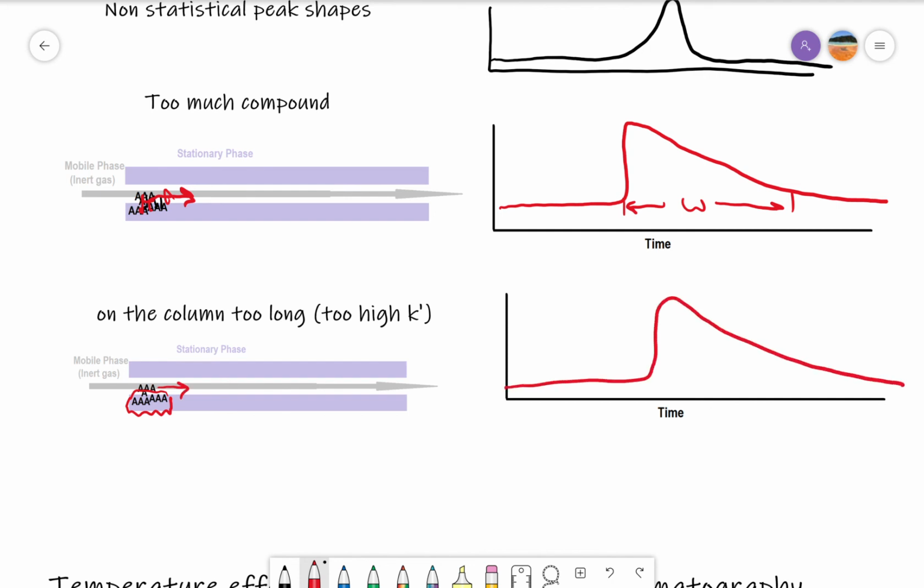And we see once again an increase in the width of the peak, or a reduction in the ability to separate things if it is on the column for too long a period of time, if its K prime is too big.